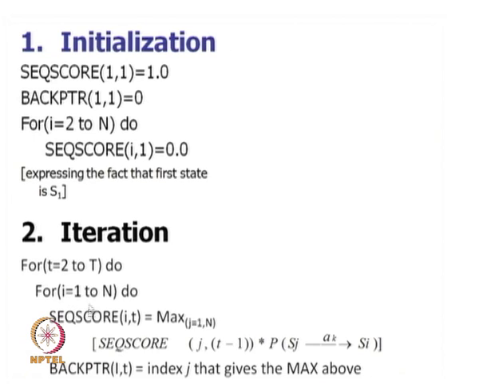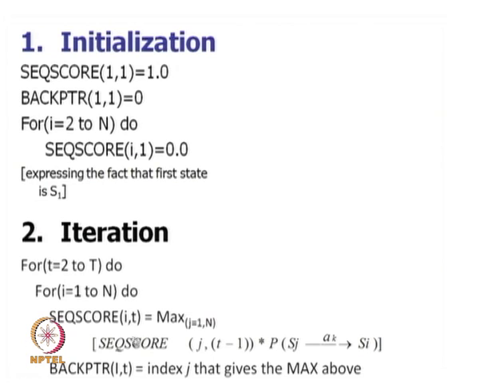This is to record the state in which the sequence is ending. So, sequence score(I,t) is the max over j equal to 1 to N of sequence score(j,t minus 1) into the probability of Sj to Si for the symbol Ak.